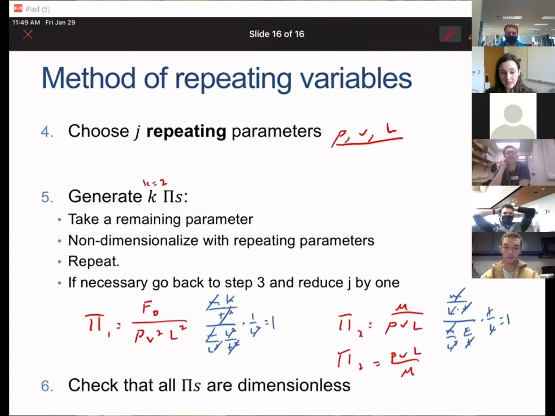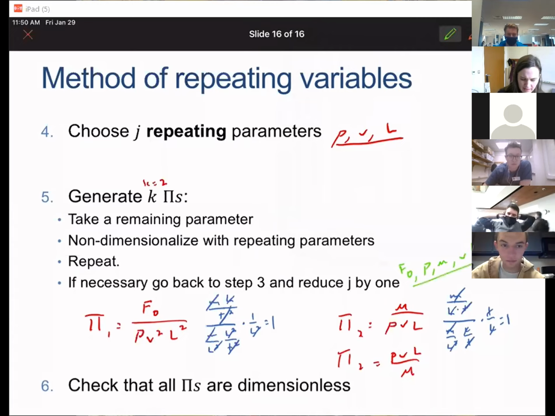All right. Any other questions on this? Before I go over the double integral from the homework. Did you go over how to tell if we need to go back and reduce J? As I said, we had the 5 parameters here: force, drag, rho, mu, v, and L. We want all 5 of these to be in our pies somewhere.